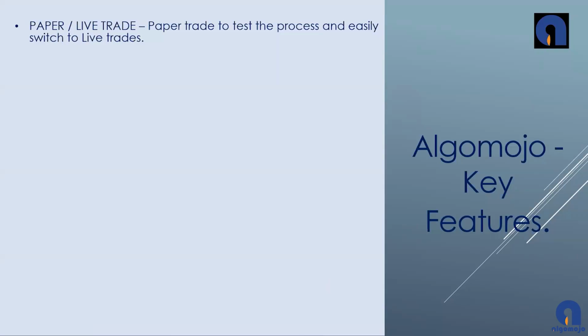Kindly note, paper trade is a facility to test the process, test the platform usage as such, and it is not a facility for forward testing or back testing kind of environment. It is more to check the process, check the platform's performance. That's all.